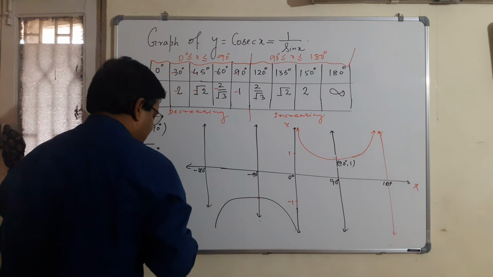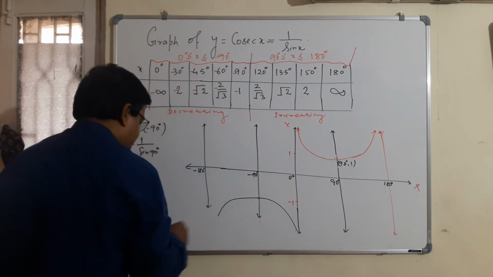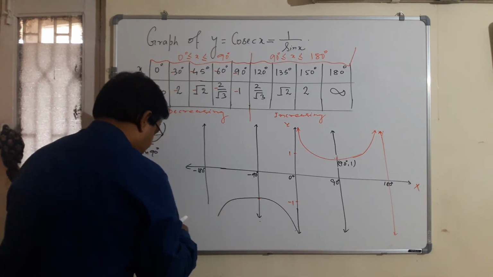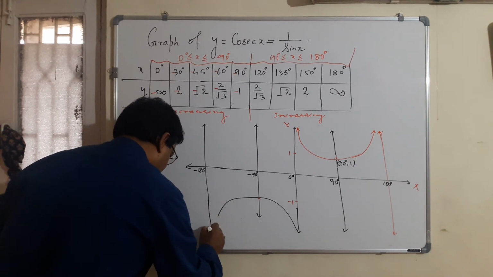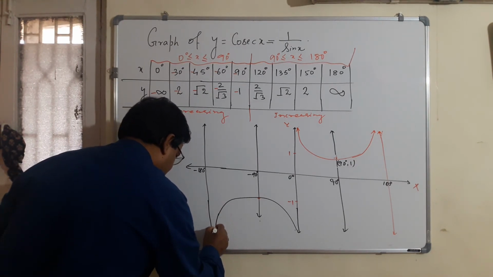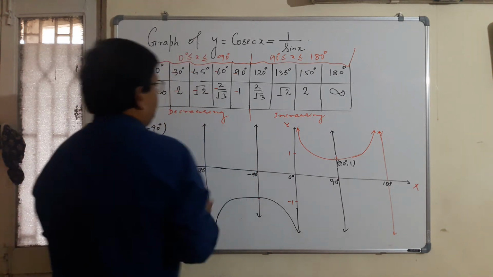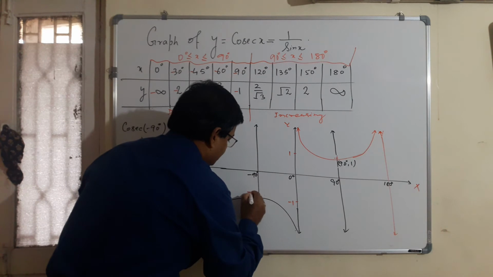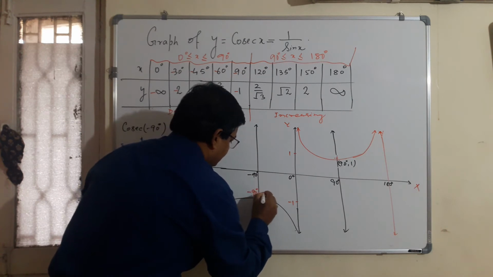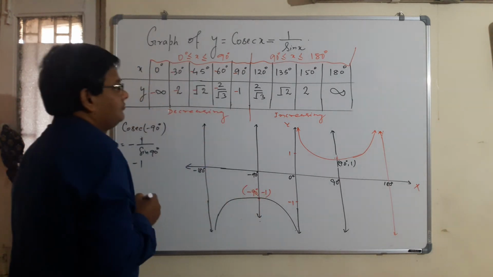So see here how. See here, minus 90 degree, the value is minus 1.